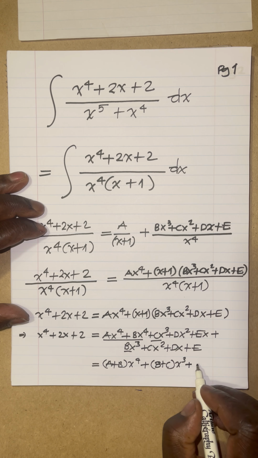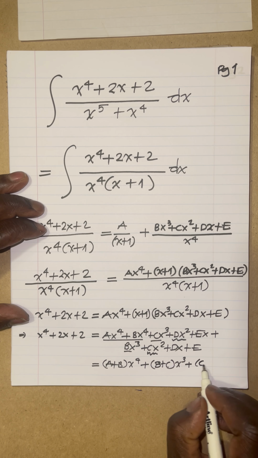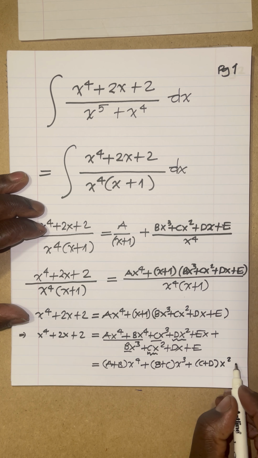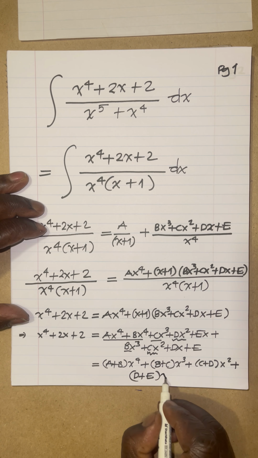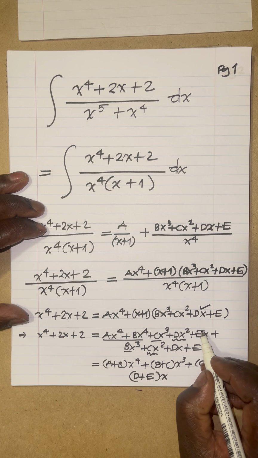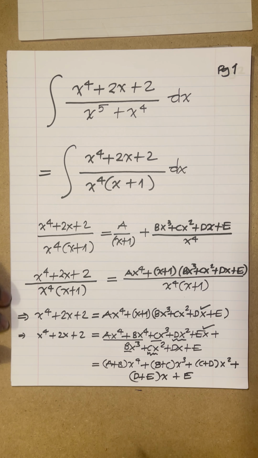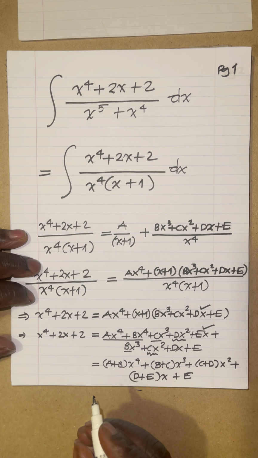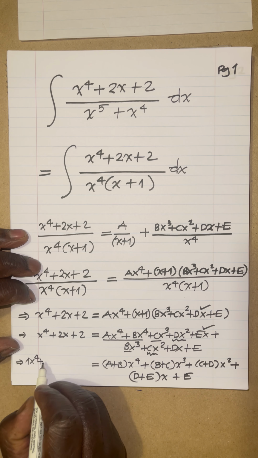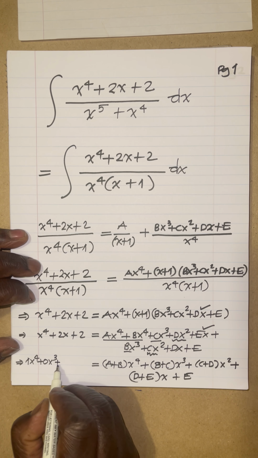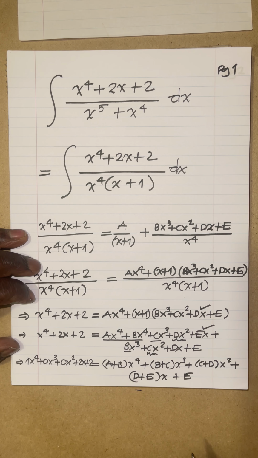The next part is going to be (C + D) outside x^2. The next part is going to be (D + E) outside x, and finally we have E there as our constant term. That will be equal to, if you allow me to rewrite this, 1x^4 + 0x^3 + 0x^2 + 2x + 2. That's what we have.